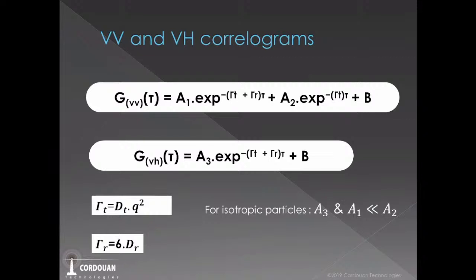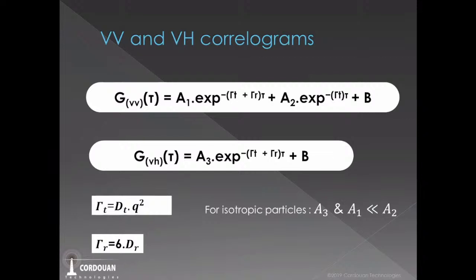And the thing which is interesting, you can see, is that the very first decay here, the very first time relaxation, is linked to gamma T, which is the translational diffusion coefficient, and the second part is linked to the rotational diffusion coefficient. The second relaxation here is linked to only the translational diffusion coefficient. So at the end of the day, if I'm looking at anisotropic nanoparticle, I may find 2 different relaxations.